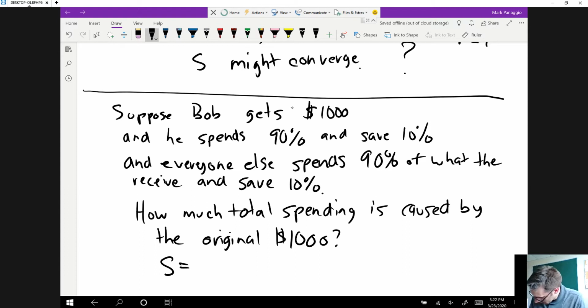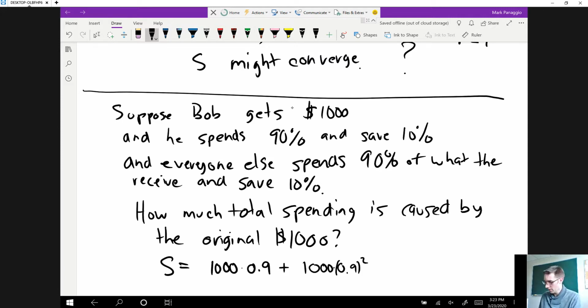So Bob is going to spend $1,000 times 0.9, right? He spends 90% of what he gets. And then that money goes out, it's given to someone else, and so that person who receives that money is going to spend 90% of that, which is the same thing as multiplying that quantity by 0.9.